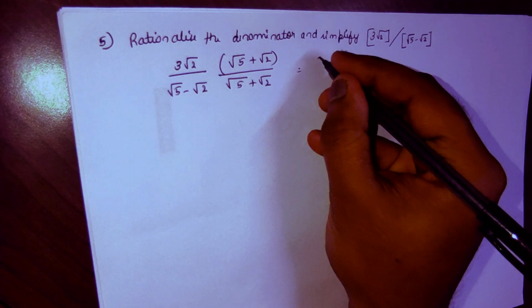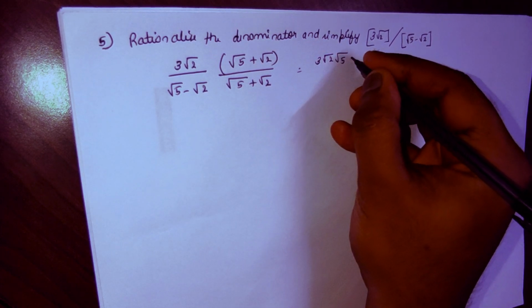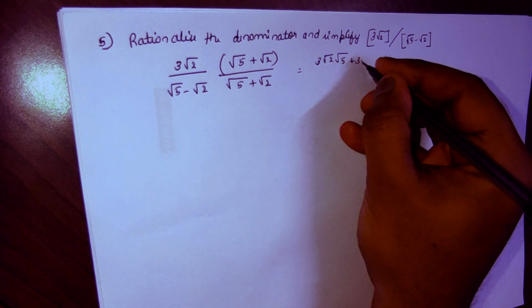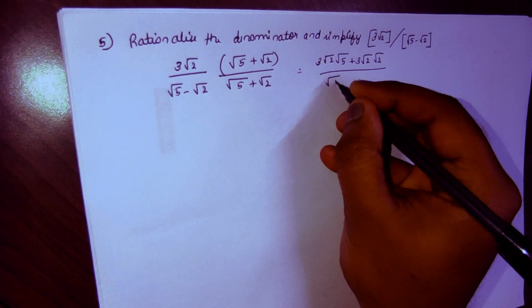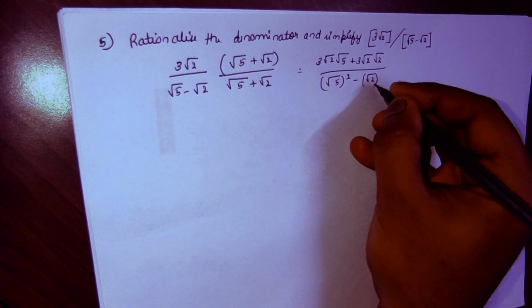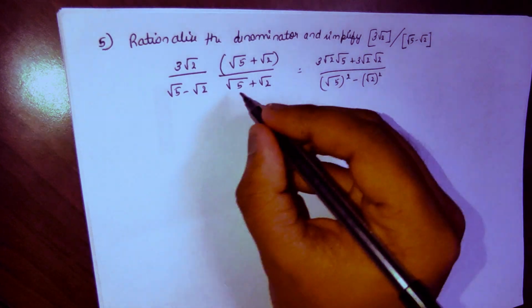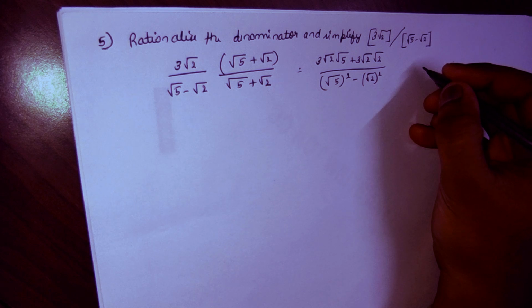This gives 3 into root 2 into root 5 plus 3 into root 2 into root 2 divided by (root 5) whole square minus (root 2) whole square. This is because of the formula (a plus b) into (a minus b) is equal to a square minus b square.